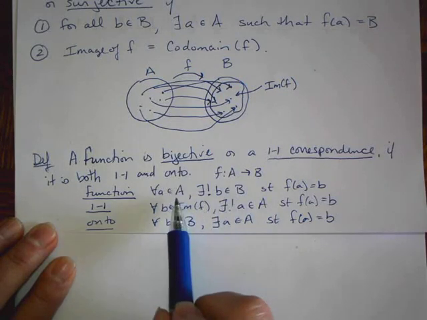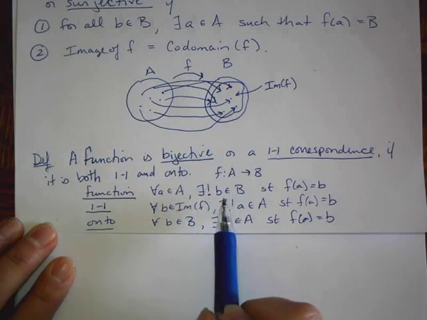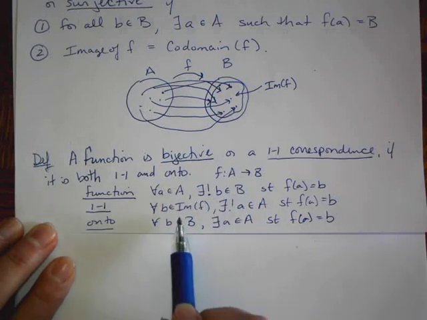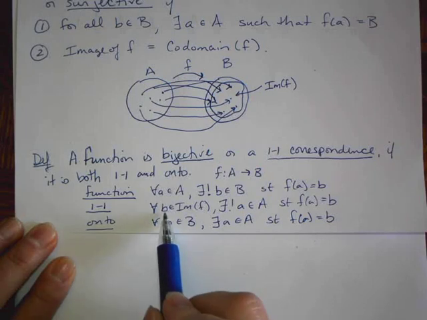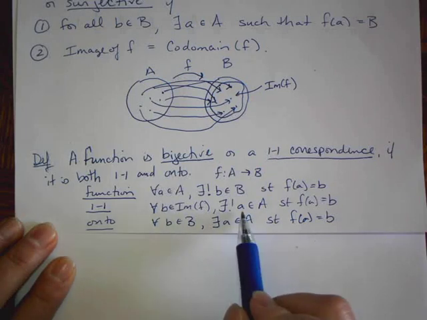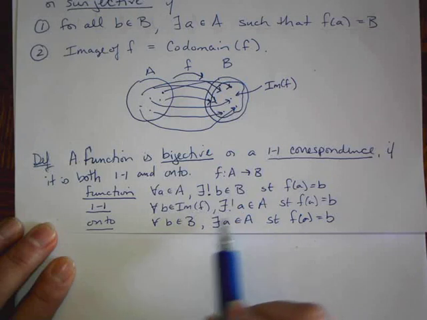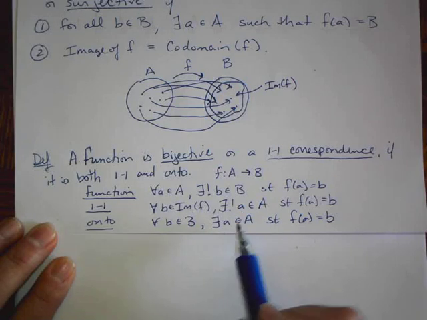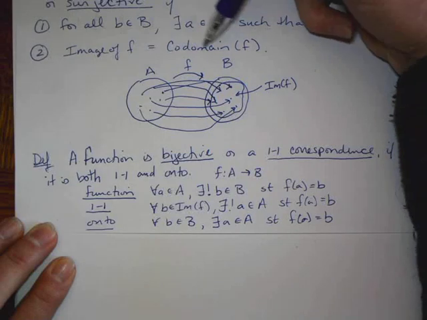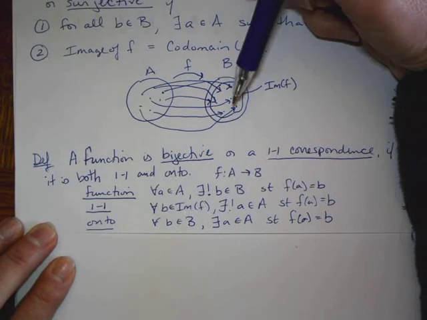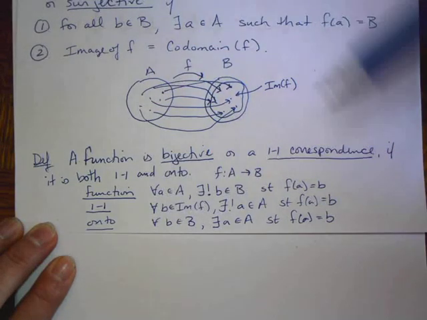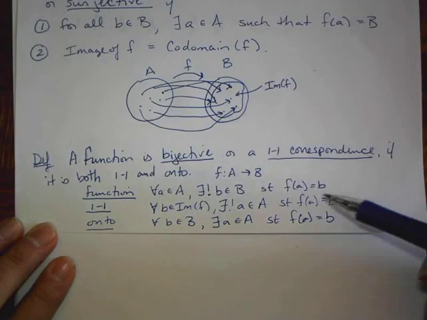They are almost identical. One thing I'm going to point out here is notice function starts in A and goes to B. We say that's a forward condition. We go from A to B. Both one-to-one and onto are backwards conditions. You start with something in the codomain and you show there exists something in the domain for both of these.